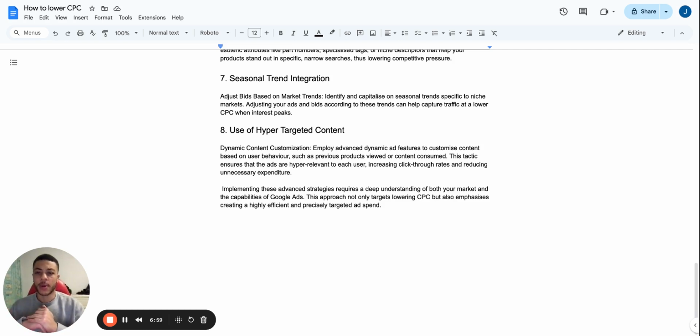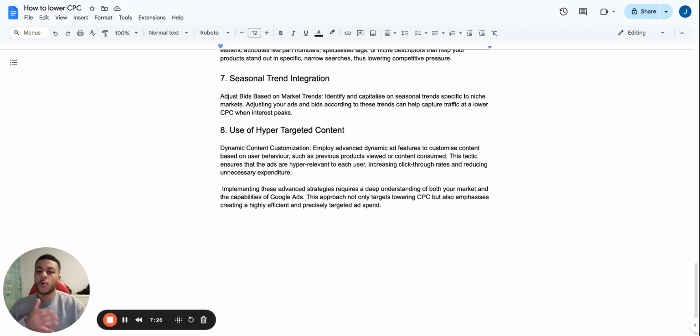So number eight would be use of hyper targeted content. So you want to use dynamic content customization. You want to employ advanced dynamic ad features to customize content based on user behavior, such as previous products or content consumed. This tactic ensures that the ads are hyper relevant to each user, increasing click through rates and reducing unnecessary expenditure.